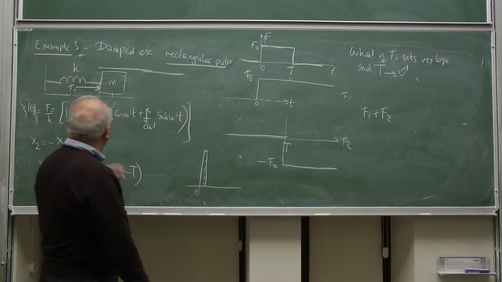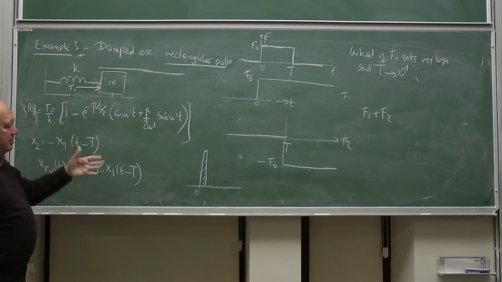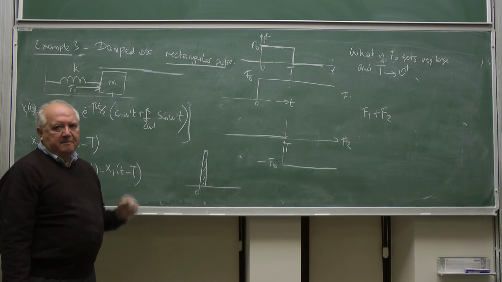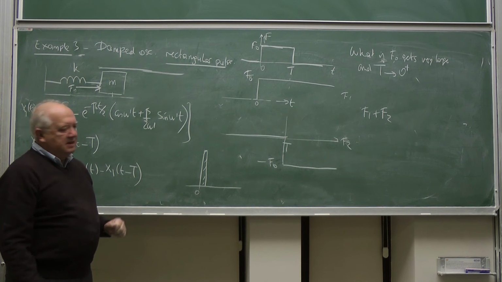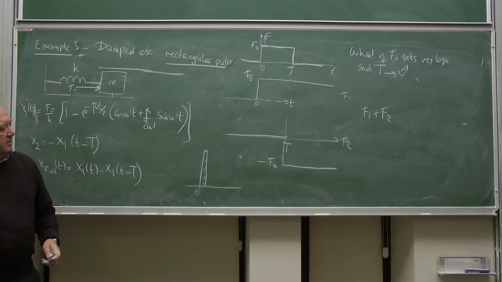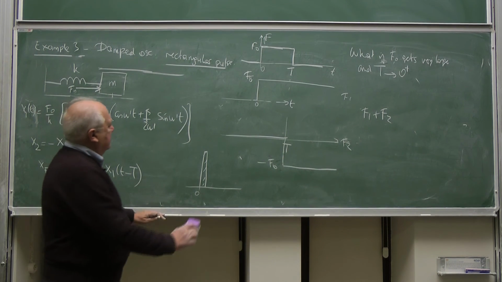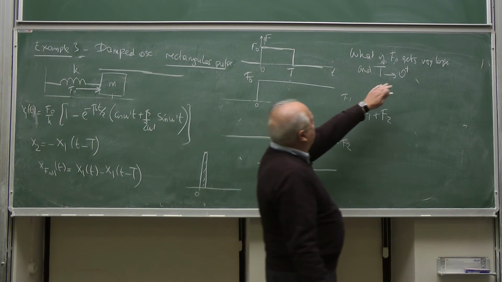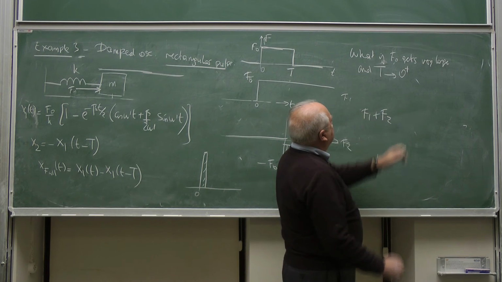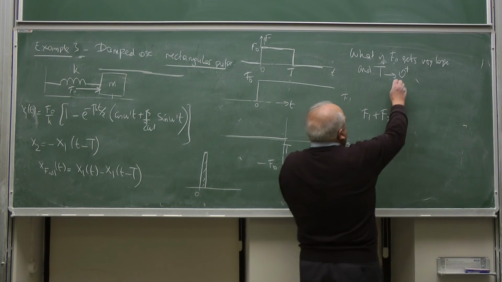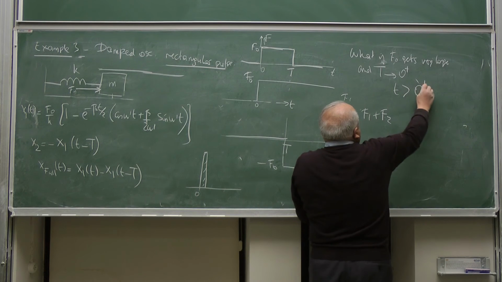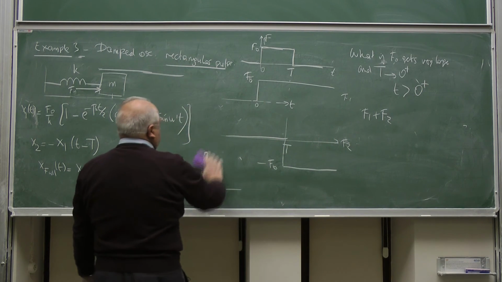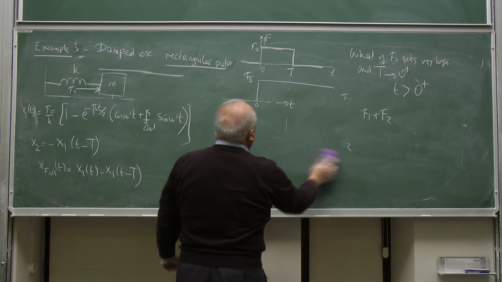Do I get the same or similar result to our first example, which is the impulsive force result? So in this limit, let us compute. Namely, f0 is very large, t0 goes to small, and we are considering times larger than 0 plus. I am erasing these shapes because I need to calculate something.